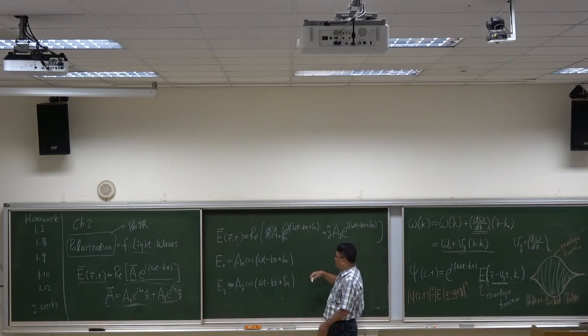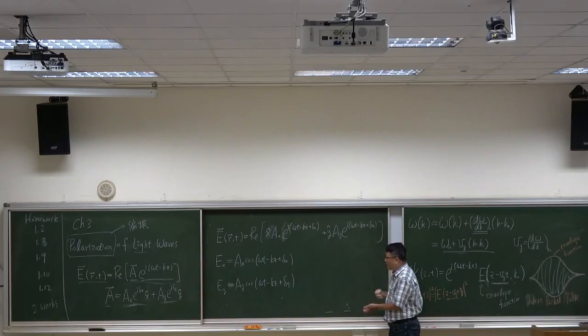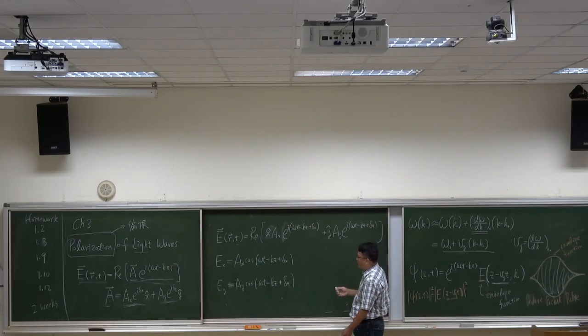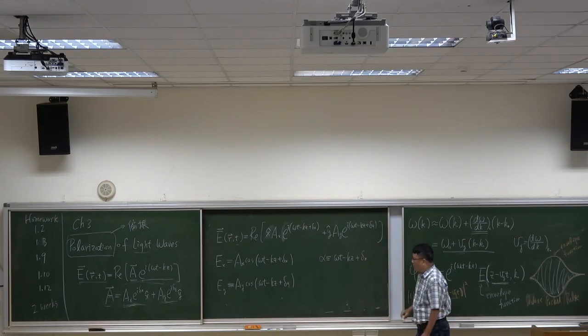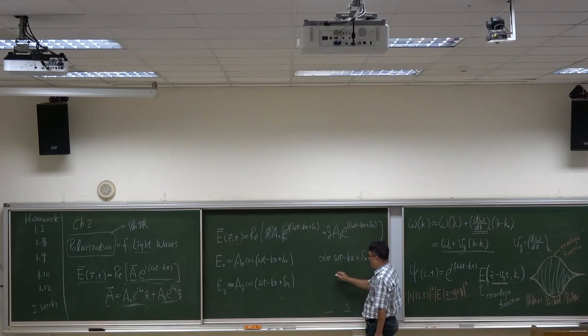To discuss this problem, I try to simplify our notation. I define alpha as omega t minus kz plus delta x, and I define delta as delta y minus delta x.